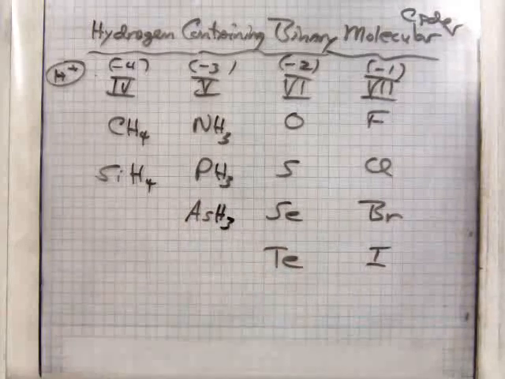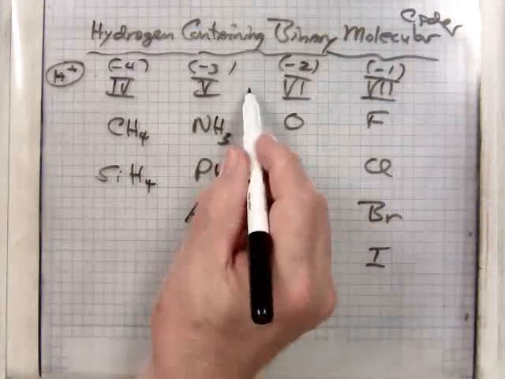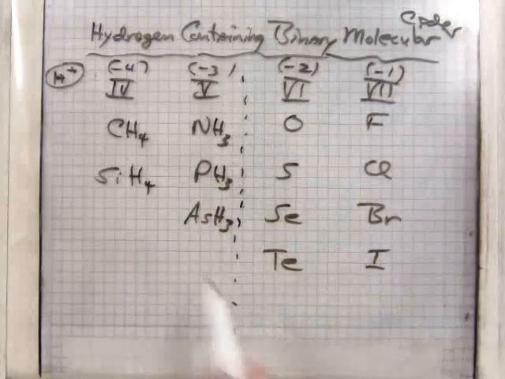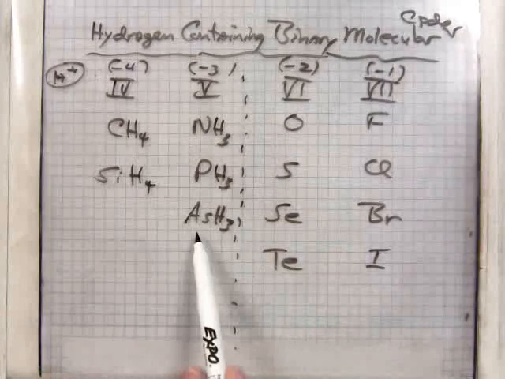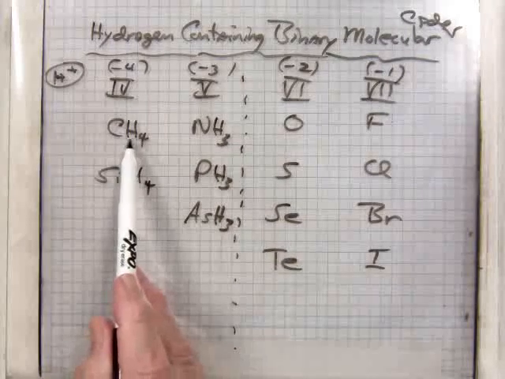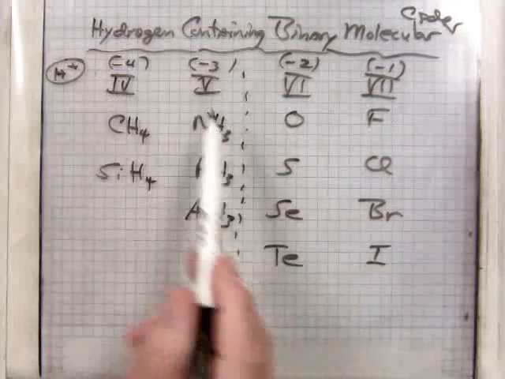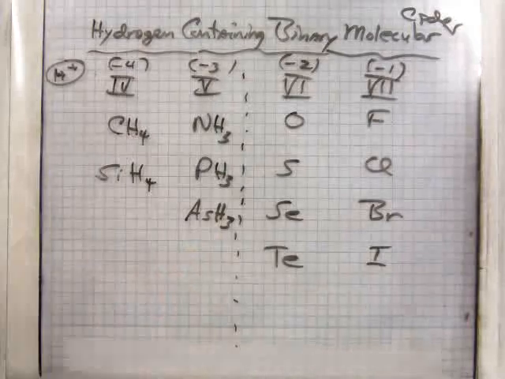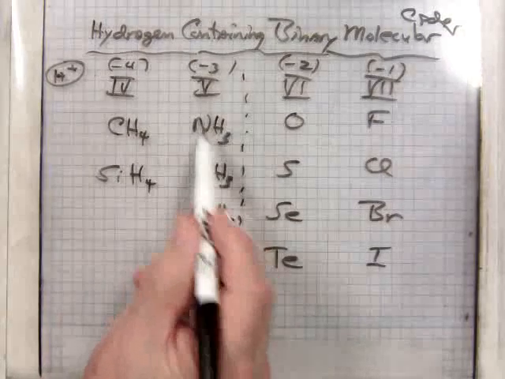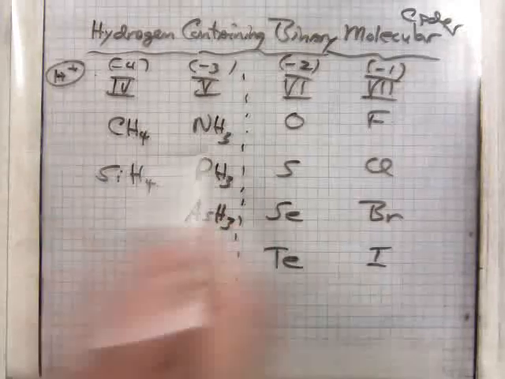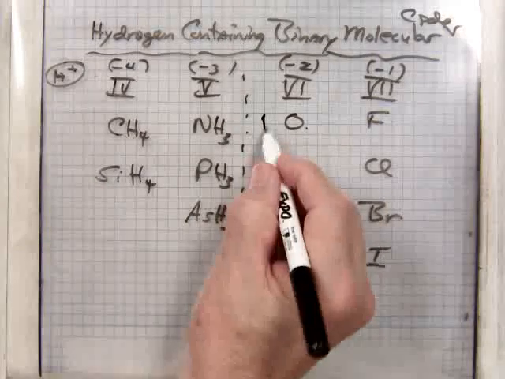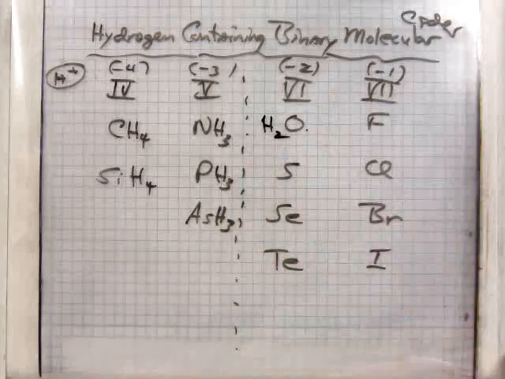And here's where it's interesting. The common notation for molecular formulas finds the hydrogen on the right side in groups 4 and 5. You see carbon followed by hydrogen. CH4 is methane, or silane, SiH4. Ammonia, you recognize, is NH3. But when you get over here and you need hydrogens to neutralize the -2, you put it on the left side. You don't read water as OH2, you read it as H2O.